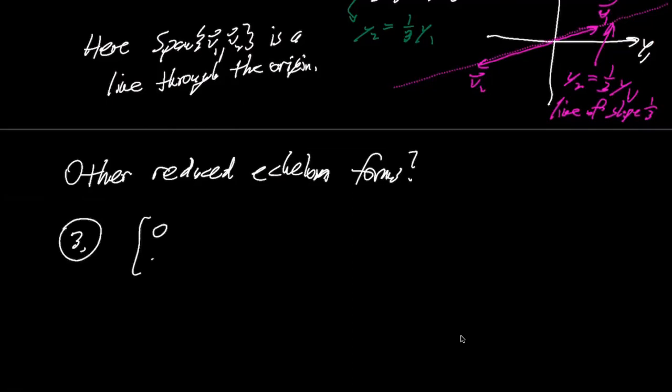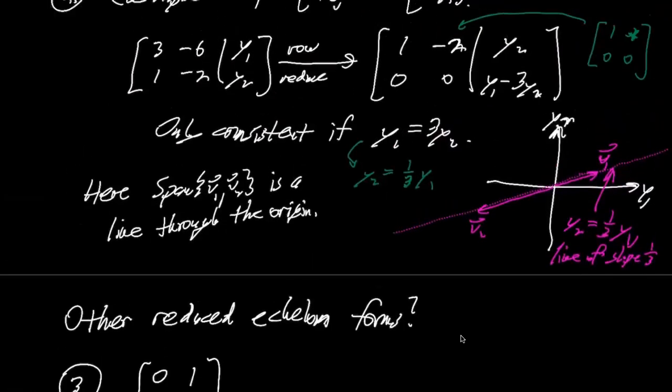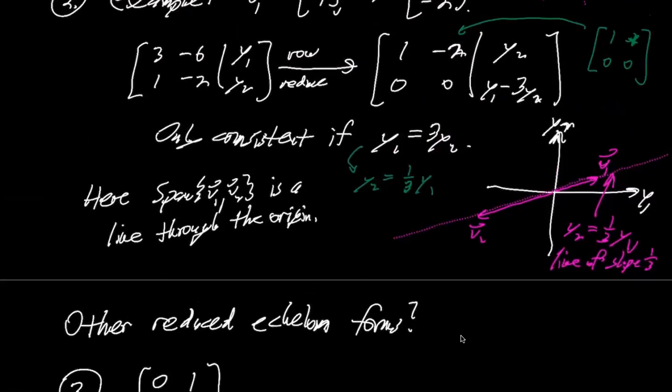We could have something like this, right? I guess in the second example back up here, this asterisk could be a 0, so that would be the second column being 0. It's maybe worth thinking about.